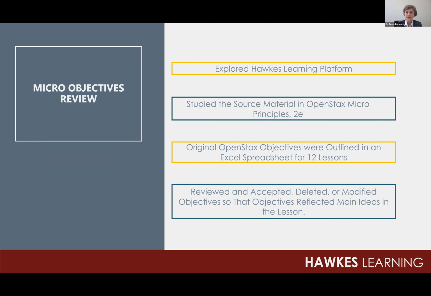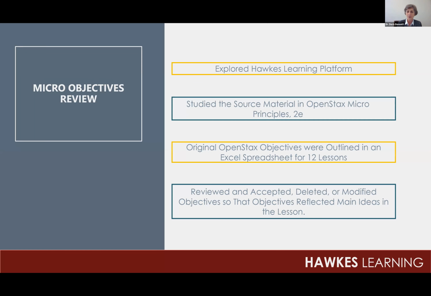Hawks had developed an Excel spreadsheet with the objectives for the lessons I was to cover, and all I had to do was accept, delete, or modify objectives so that they would reflect the main ideas in the lesson.